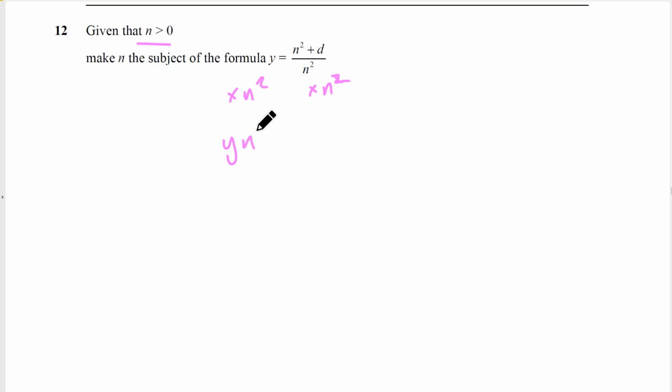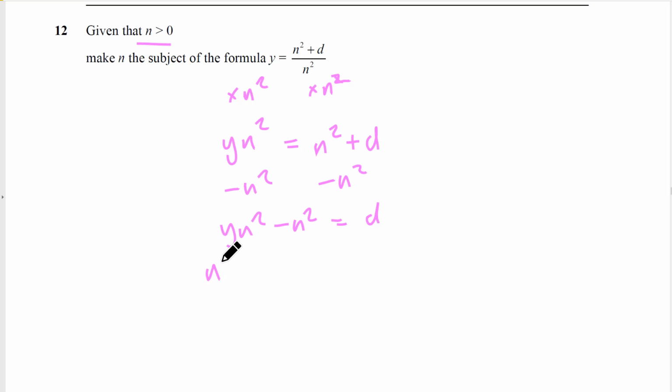So y n squared, or it should be n squared y really, alphabetical order, equals n squared plus d. Now we want all the n squareds on one side, so we're going to minus n squared here, minus n squared to get y n squared minus n squared equals d.